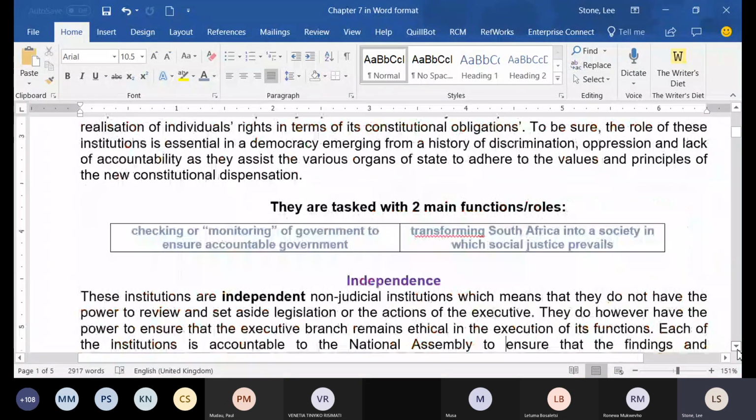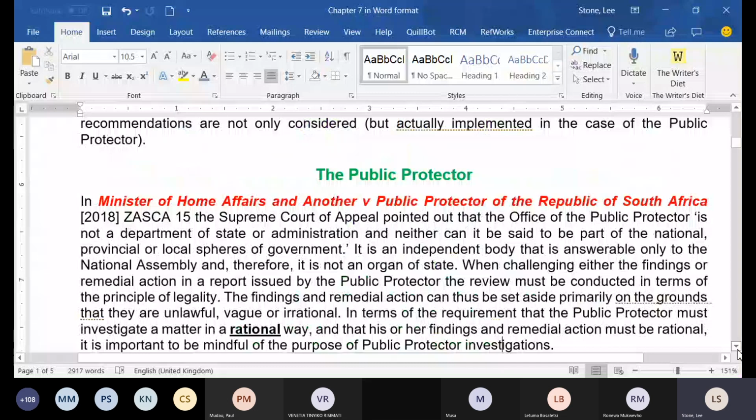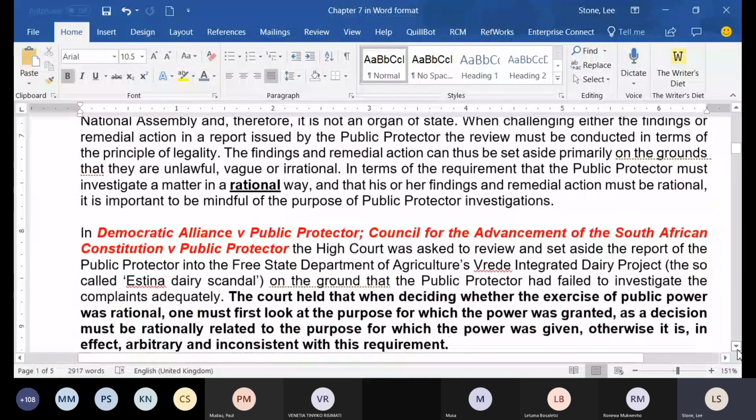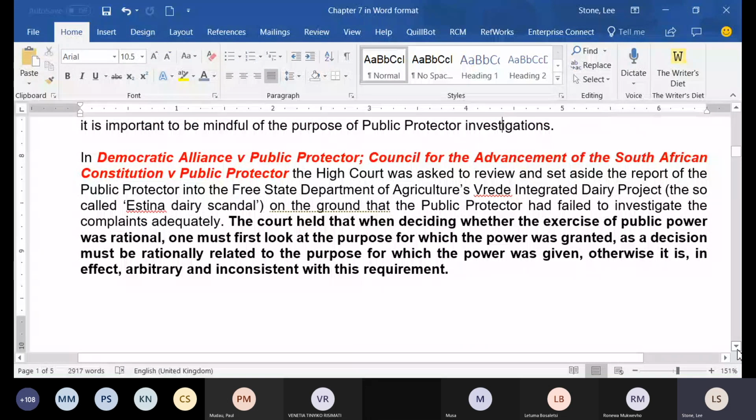So we are expecting then that at all times the public protector acts rationally, and we saw that more clearly then in the more recent case of the Democratic Alliance versus the public protector.